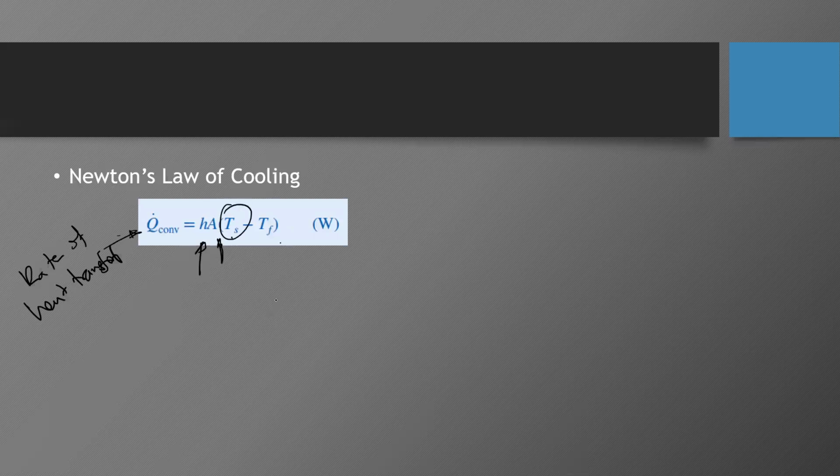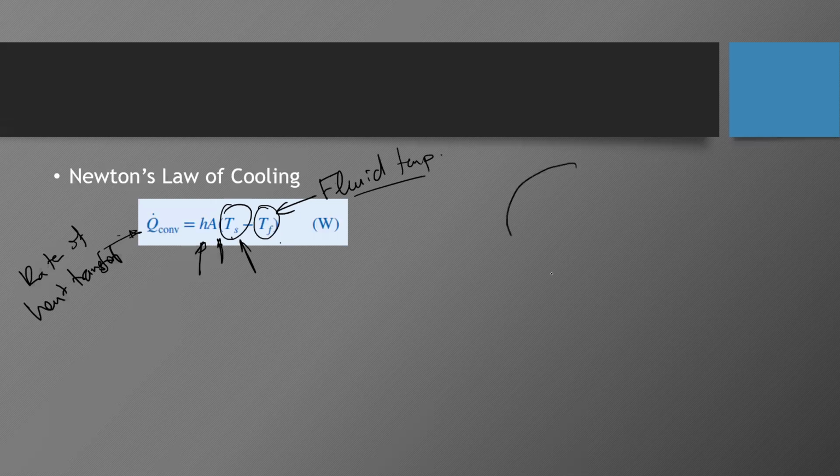Ts is the surface temperature, and Tf is the temperature of the outside, your atmosphere, or whatever fluid you are using. Ts is the surface temperature, that is, the hot source surface, not the core.